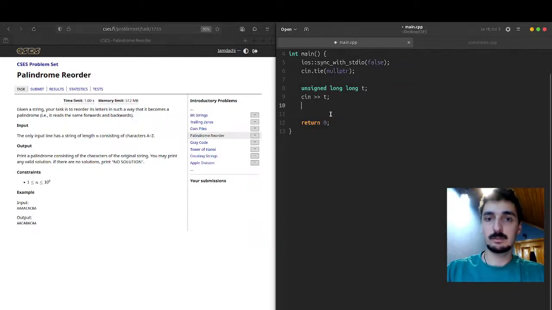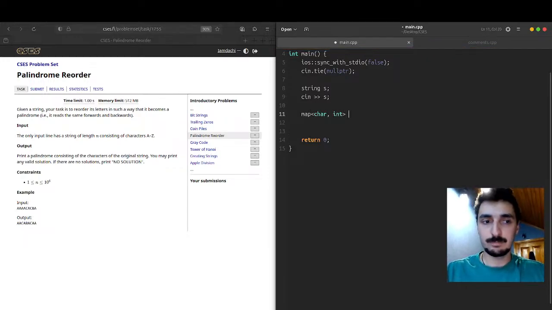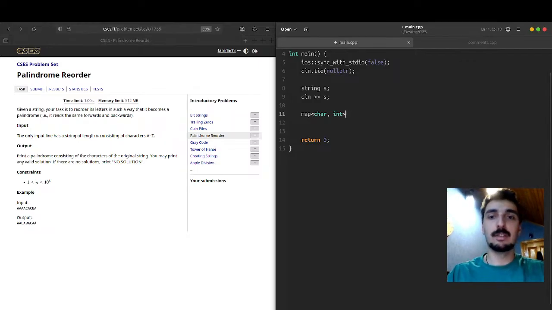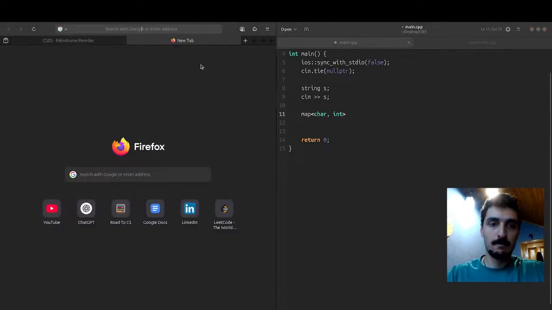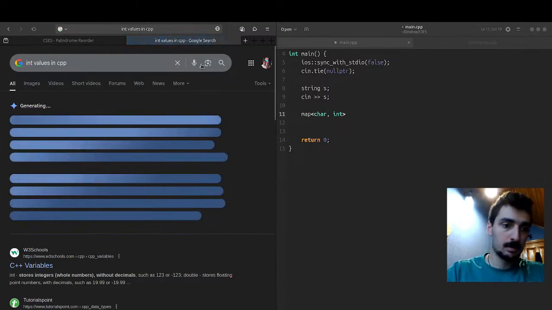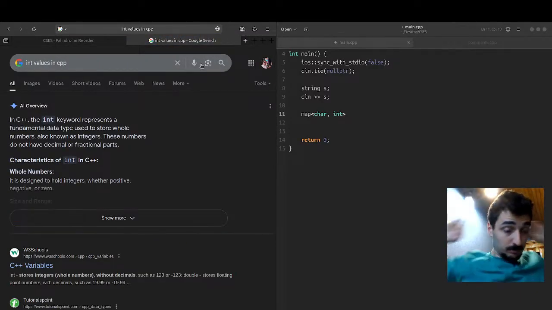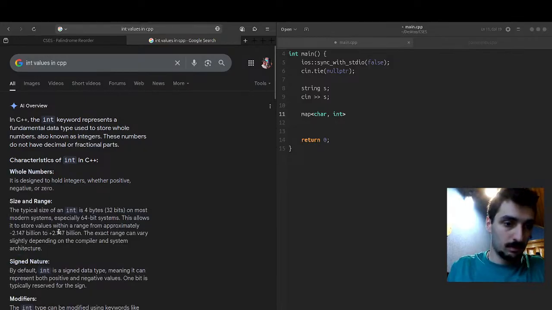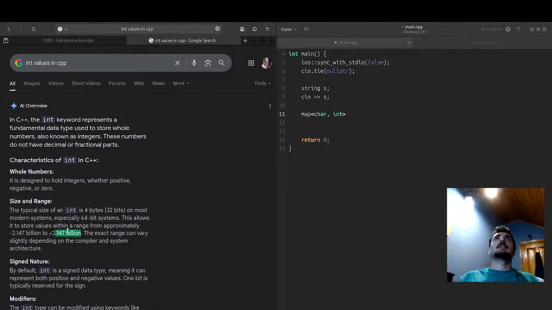We have a string S, and then we're gonna read it, and then we're gonna do a map of char to int. 10 to the 6, 2 billion, so 6 is 6 zeros.